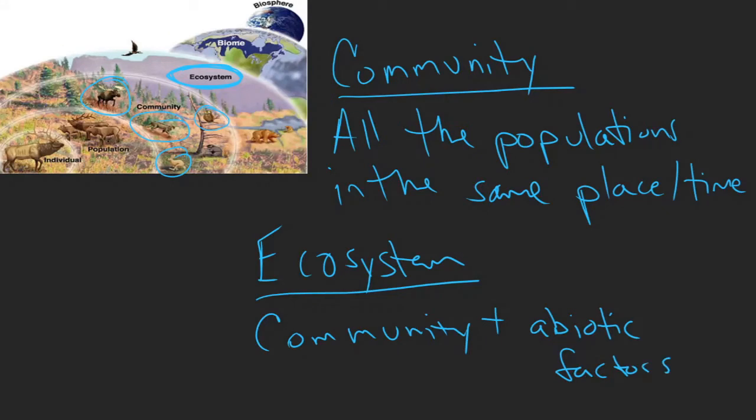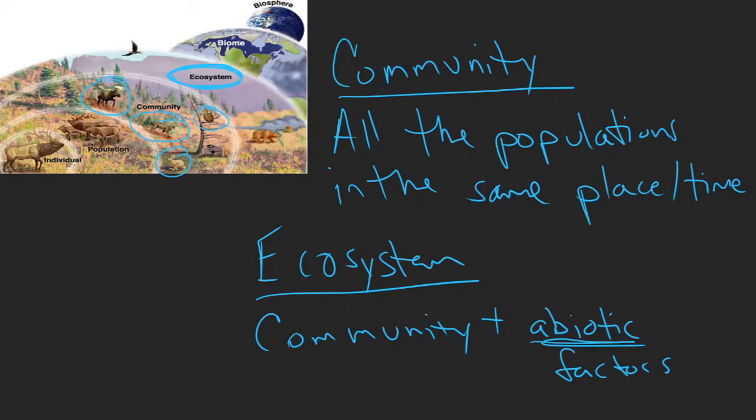The community is only pertaining to the populations, but the physical environment is in view when we talk about an ecosystem. So this ecosystem is all of these populations plus the atmosphere, plus the water, plus the dirt, all of the things that are non-living or abiotic. Okay, and so that's the difference in a community and an ecosystem.